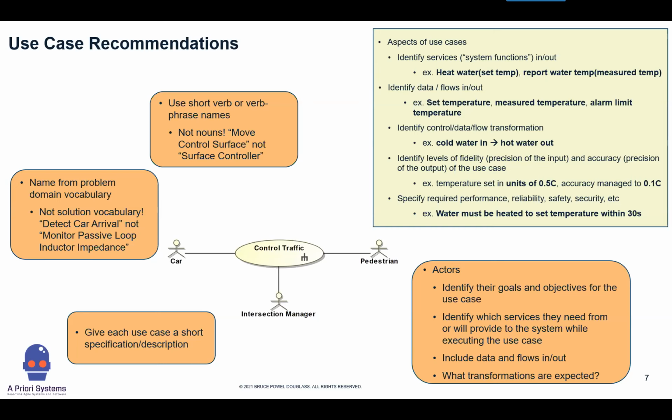So specify those things. Those are real requirements we need to capture. In this case, I want to set the temperature in units of 0.5 degree centigrade, and I want to manage the output flow temperature within 0.1 degree centigrade. As well, you have latency and other kinds of performance requirements.